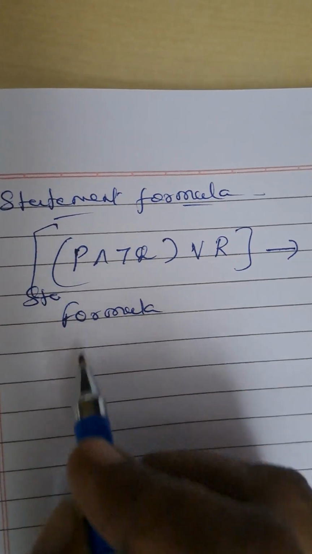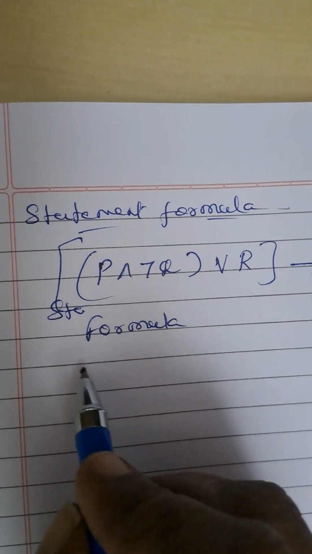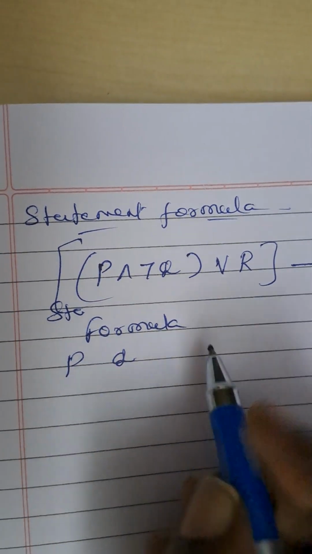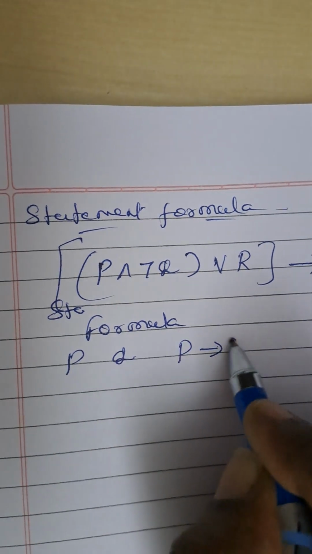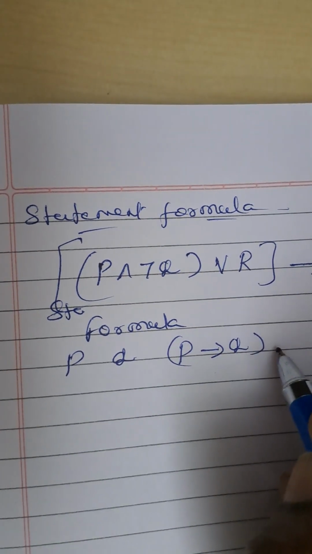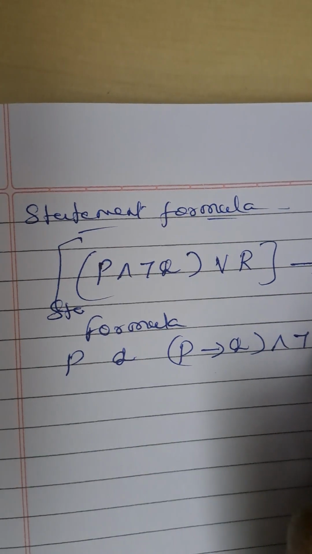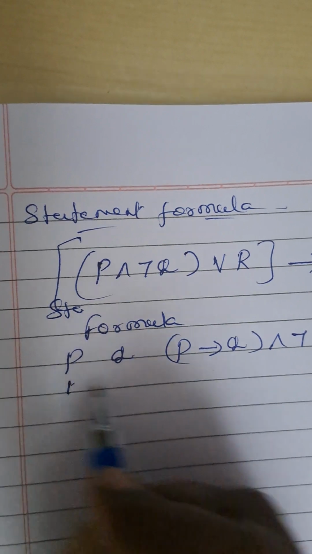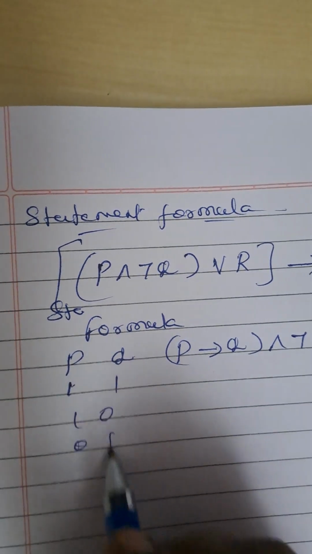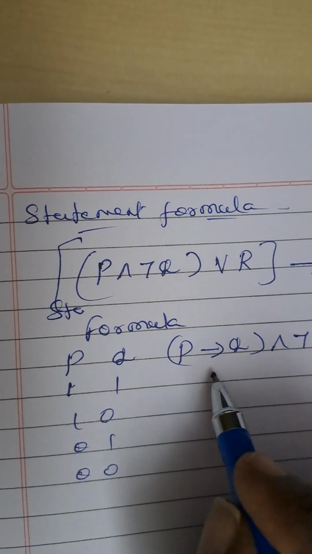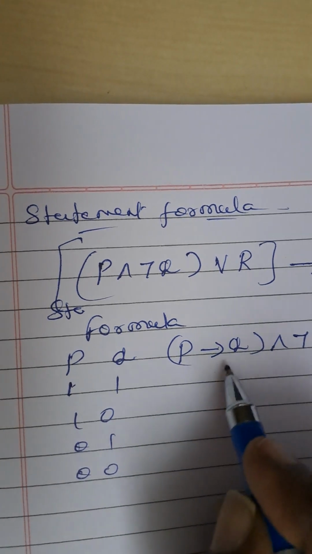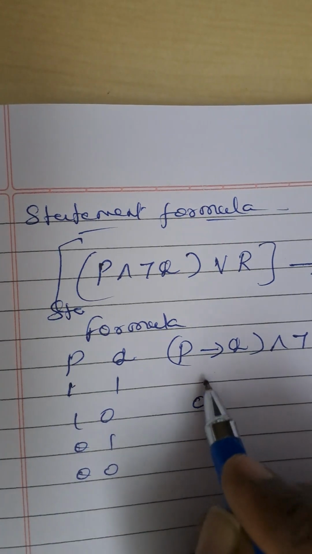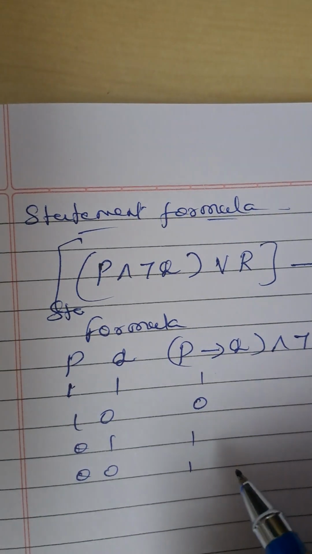So for example, suppose if I take only 2 variables, and I have P to Q and negation P, or something like that. So I'll take here 1, 1, 0, 0 for P and 1, 0, 1, 0 for Q, and P to Q and negation P. So what is P to Q? P to Q is 0 for 1, 0, all others true.